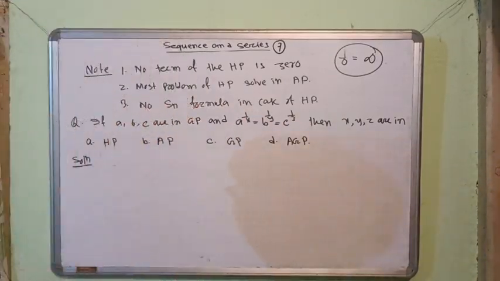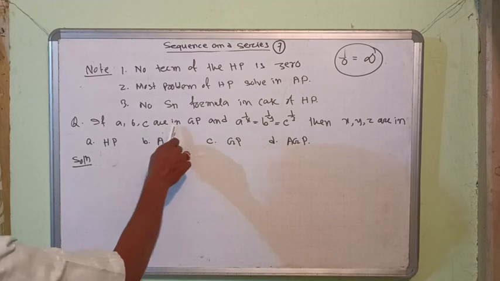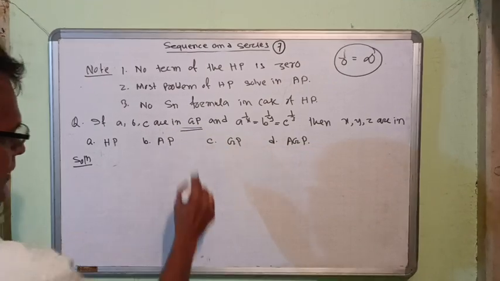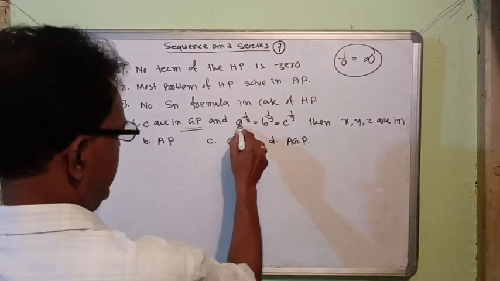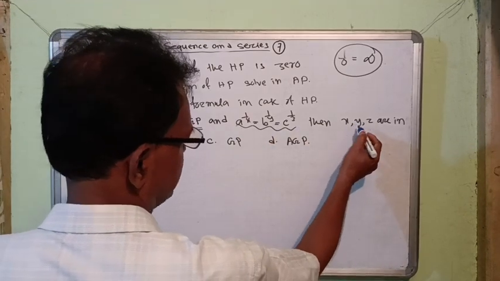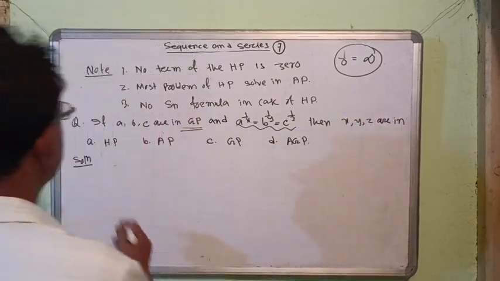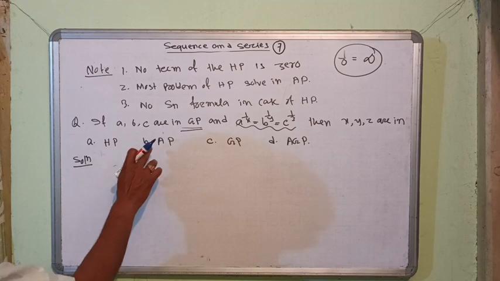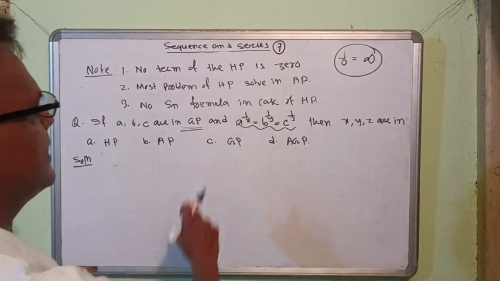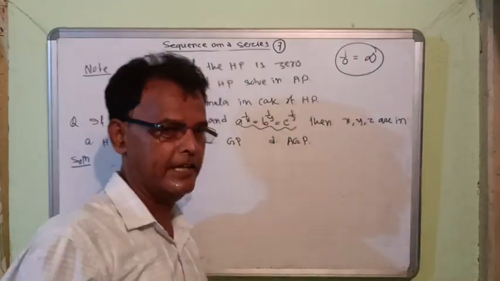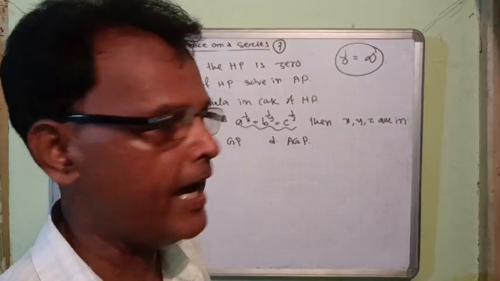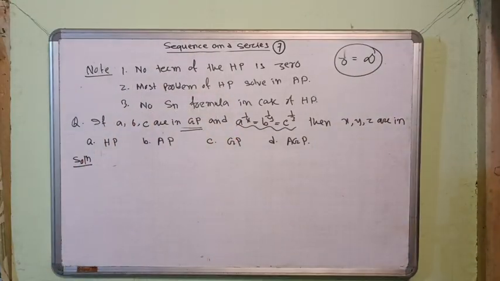The question is given, if A, B, C are in GP and satisfy this condition, then X, Y, Z are in option 1 HP, option B AP, option C GP, option D AGP. Which option is the correct option?